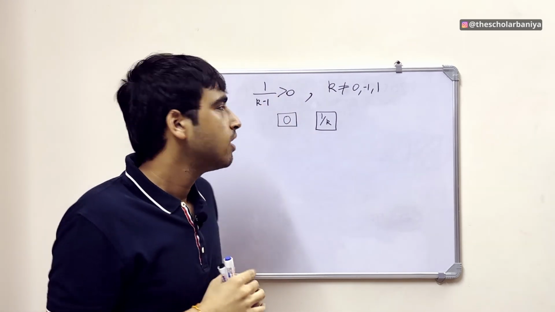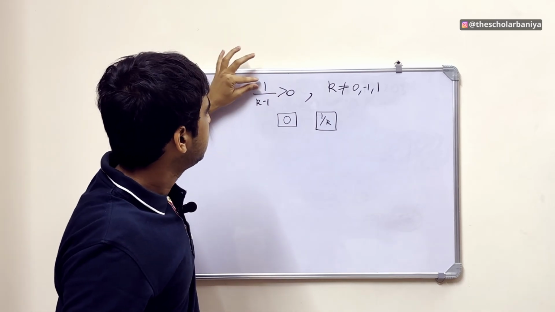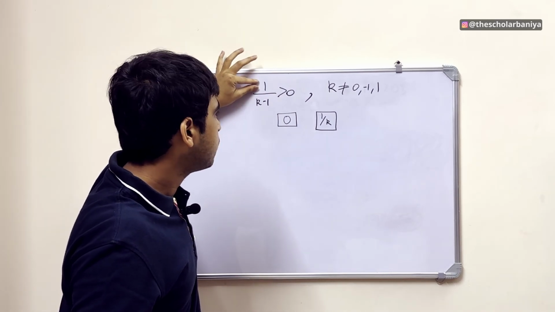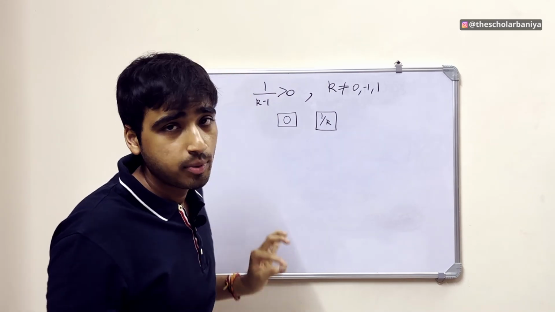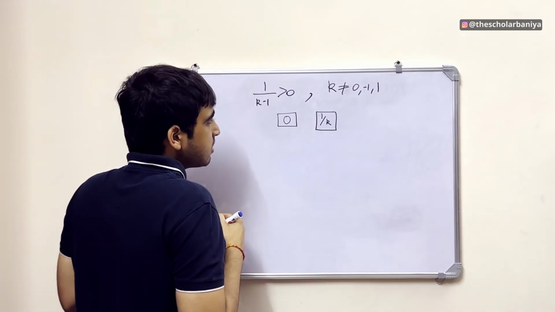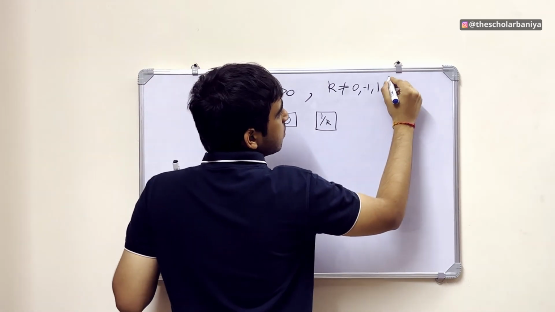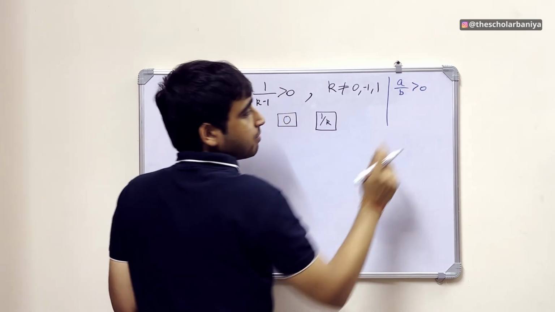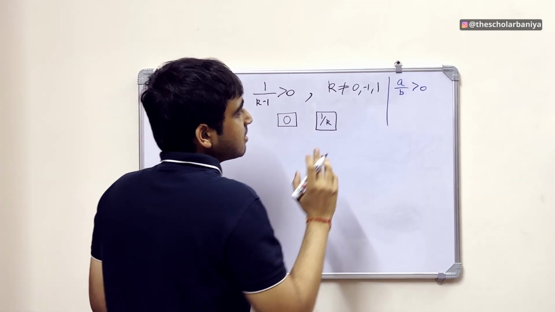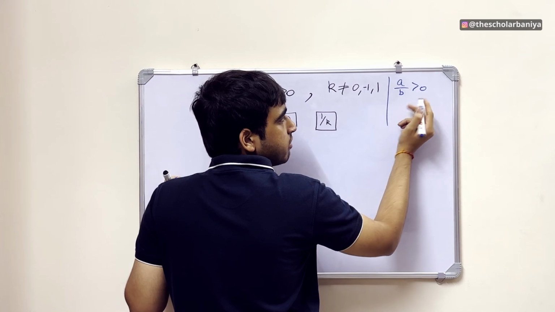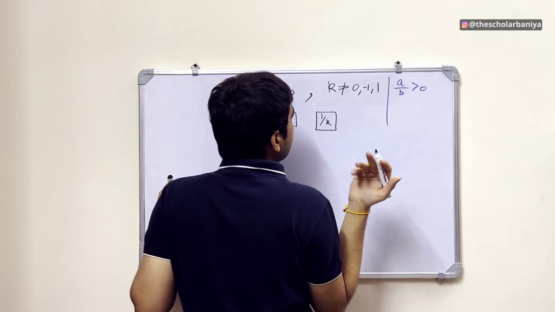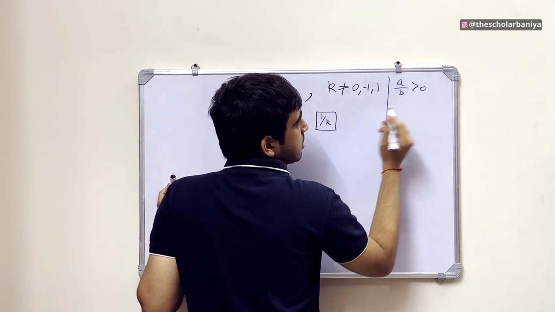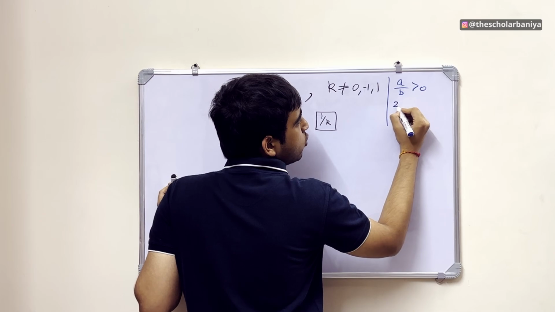greater than 0, that means this has to be greater than 0, and this has to be greater than 0. What I mean by that is, for example, if a by b is greater than 0, that means either both are positive or both are negative. For example, let's suppose there is a number 2 by 3.